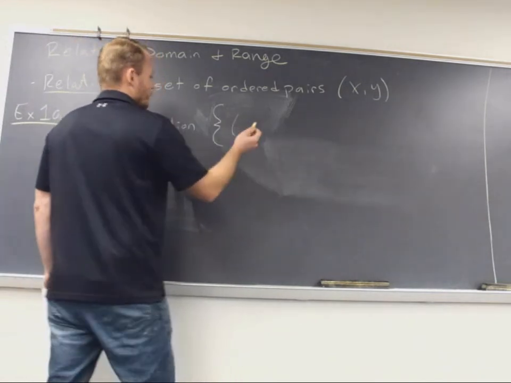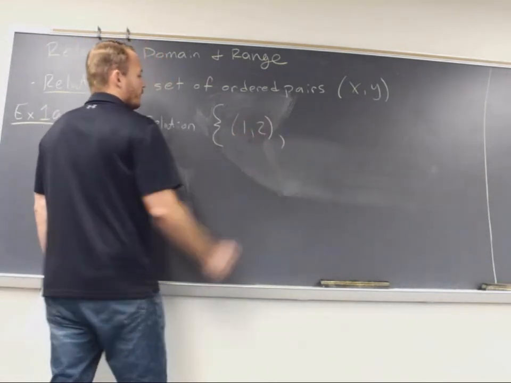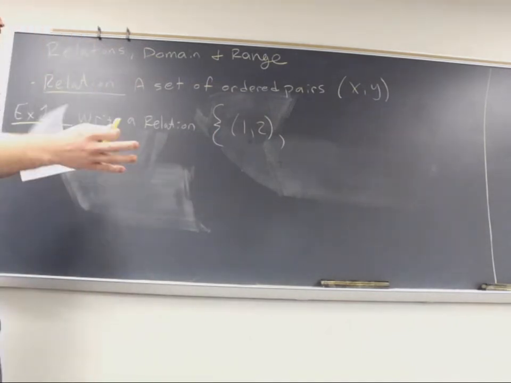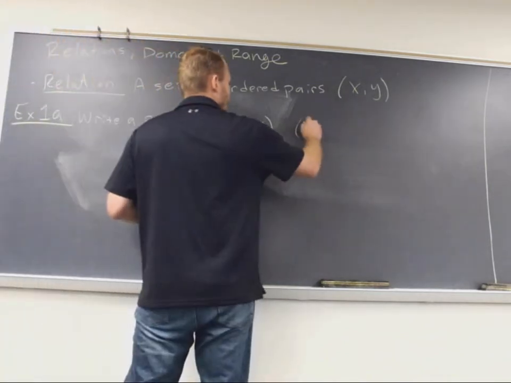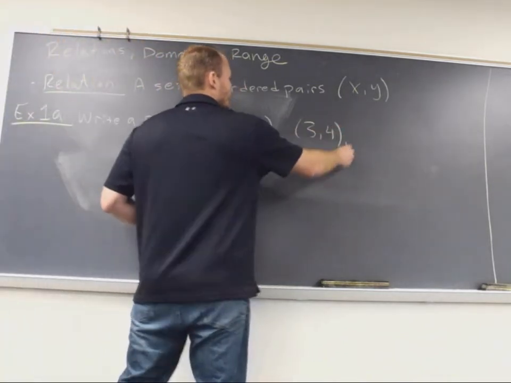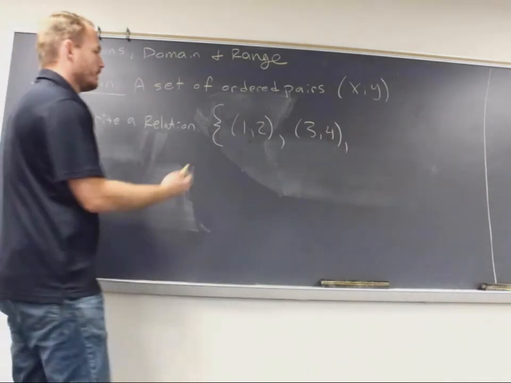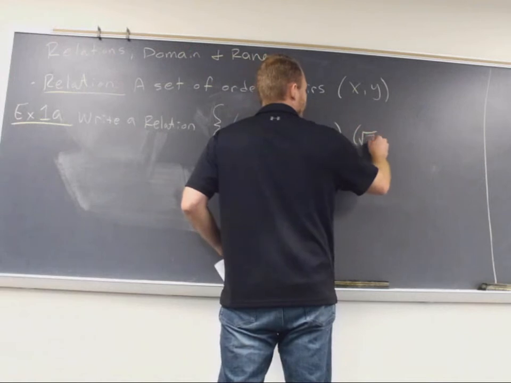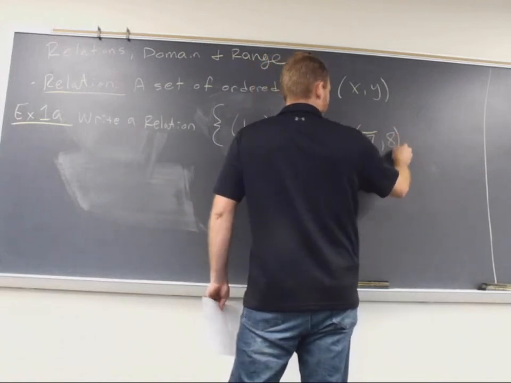So I can just pick two numbers, let's say 1, comma 2. So this is an ordered pair, and then I'm going to insert another ordered pair, and then multiple ordered pairs are called a relation. This next one can be 3, comma 4, and they can be any numbers. They don't have to necessarily just be integers. They could be the square root of 7, comma 8.